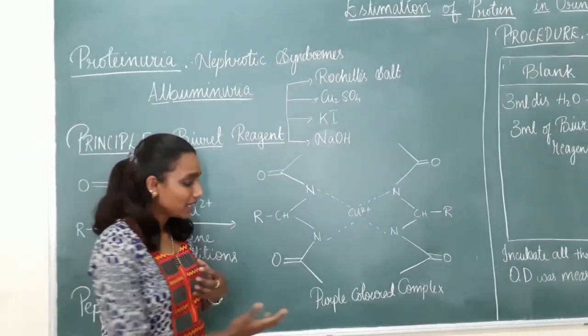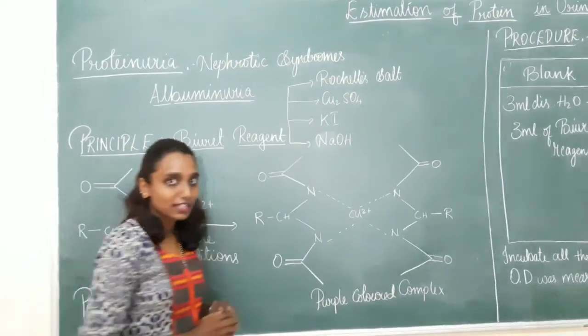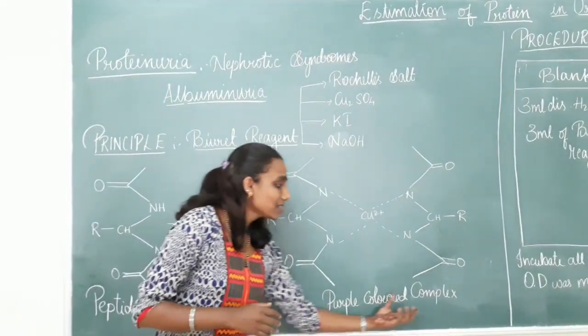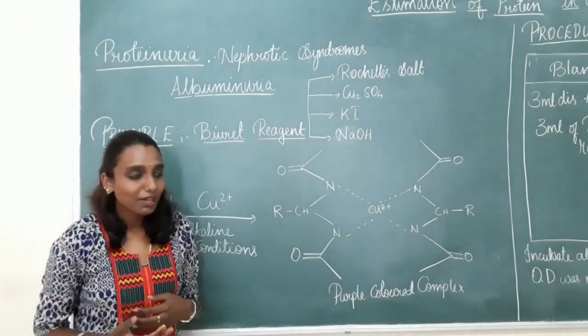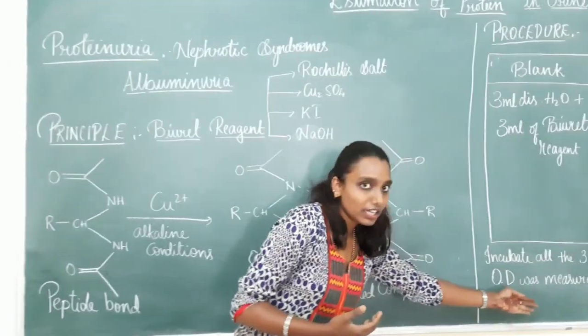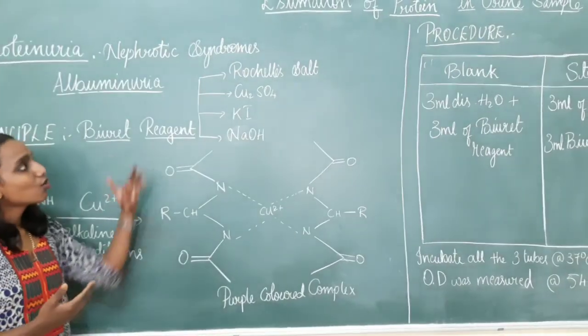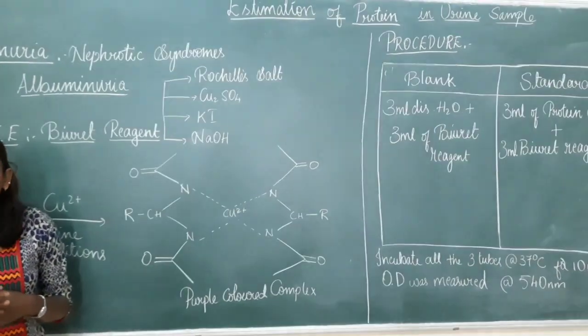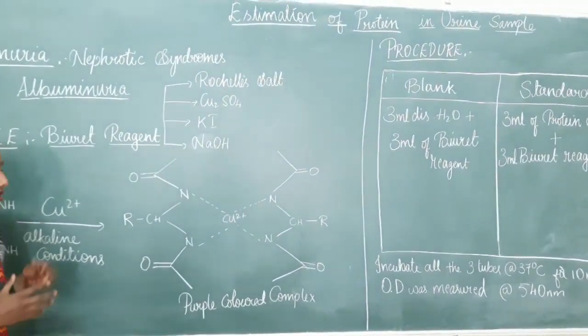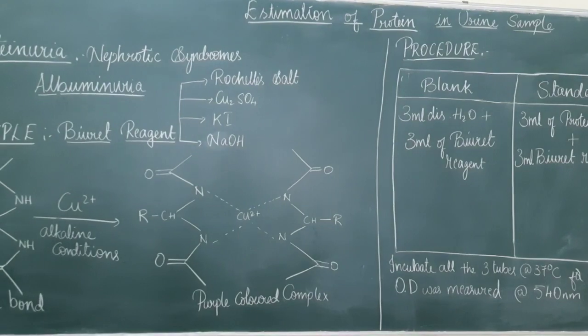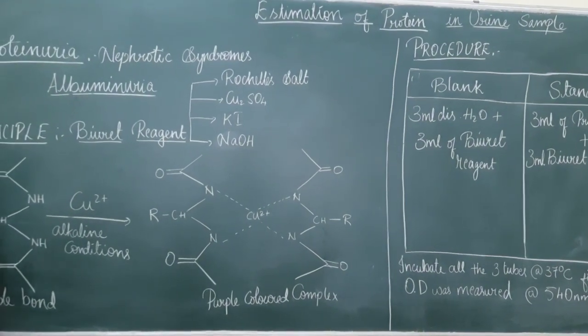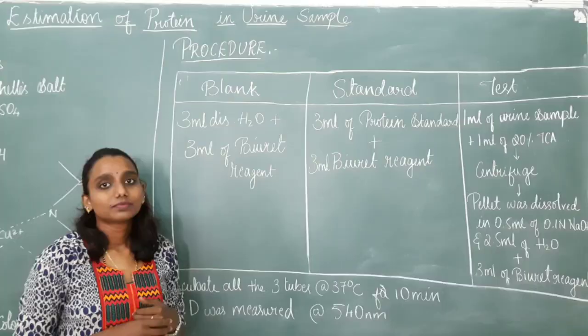When we measure the purple colored complex using a colorimeter at 540 nanometer, we will get to know the amount of protein present in the urine sample. So this is the basic principle of estimation of protein in the urine sample by biuret method.